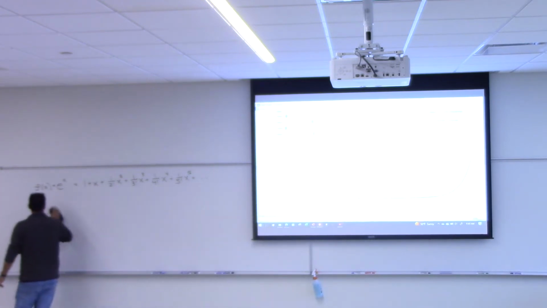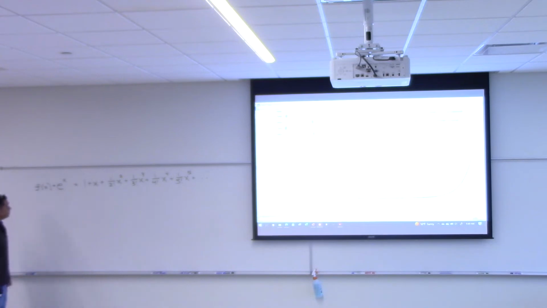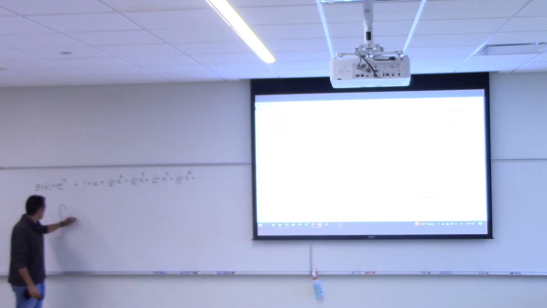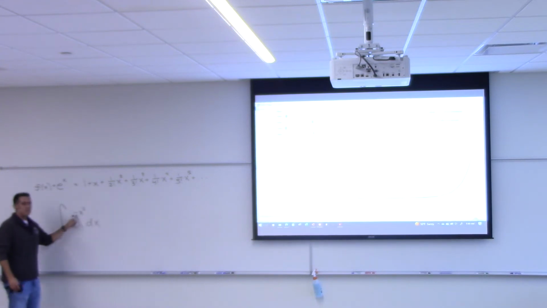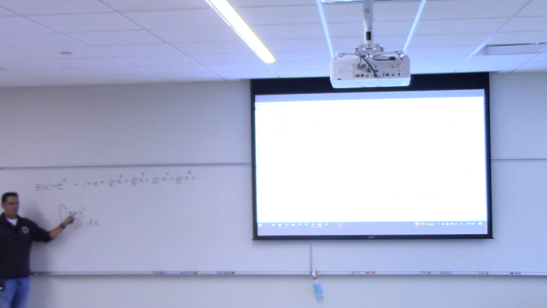Not only does it make it useful for things like that, what if we wanted to integrate e to the negative x squared dx? That was the one I told you there's no method we have, right? We have no method for this. There's nothing we can do to find this antiderivative.